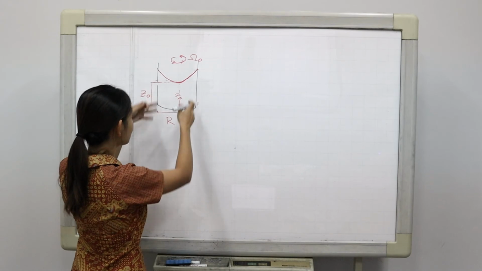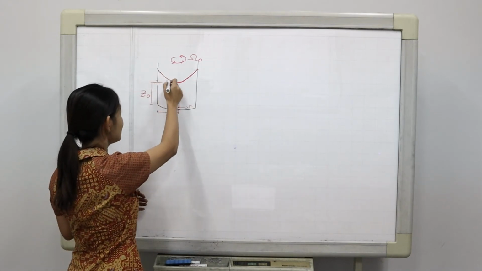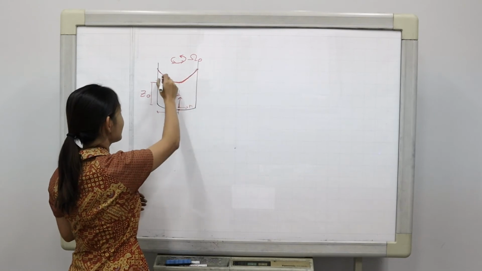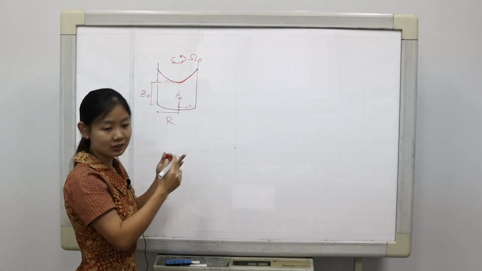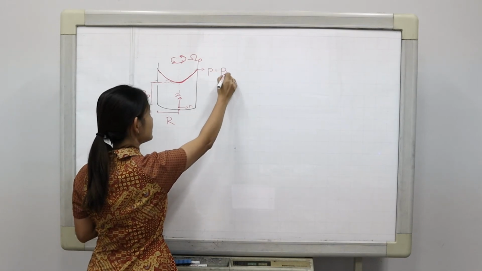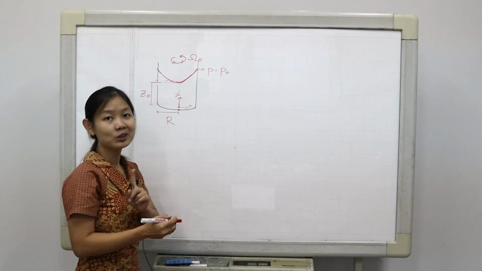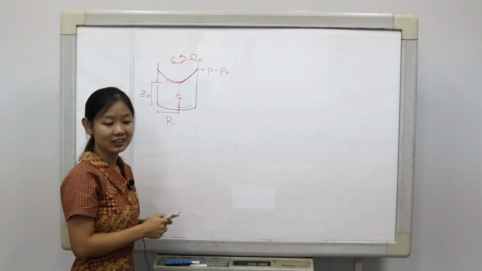The pressure at the surface of the vortex must be P0, which is equal to atmospheric pressure.